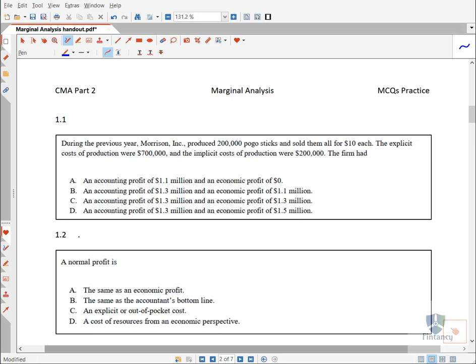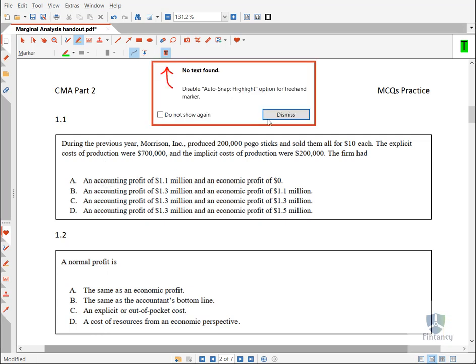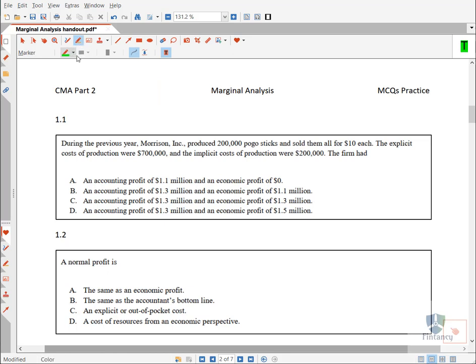Very nice. You can see easily from the requirement itself what they are talking about. They are talking about accounting profit and economic profit. Remember, we already know the formula for these two things.